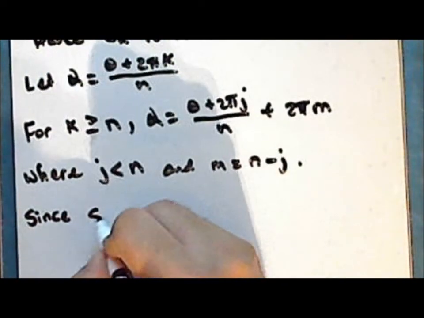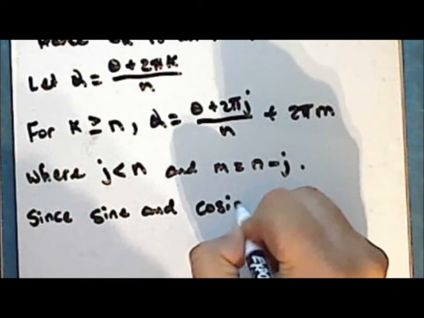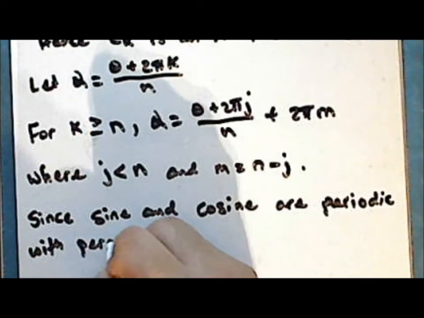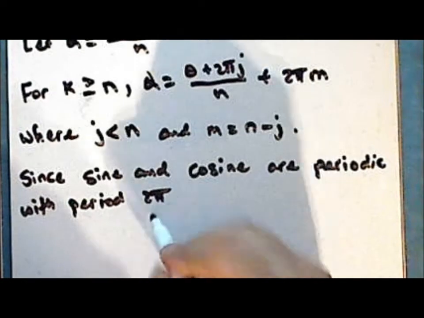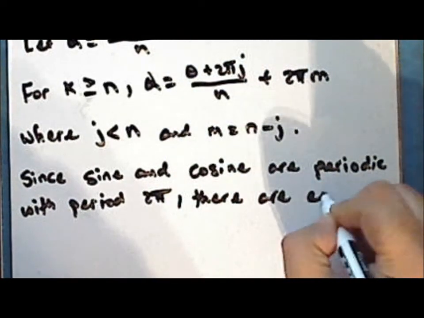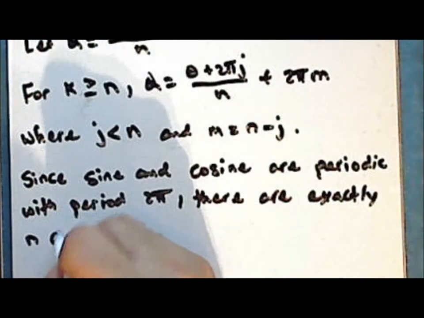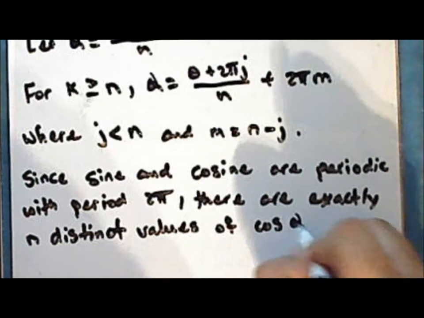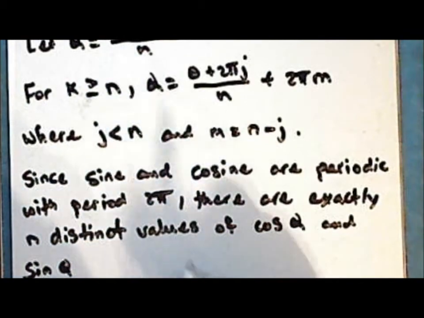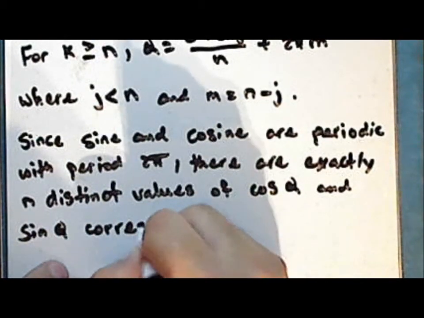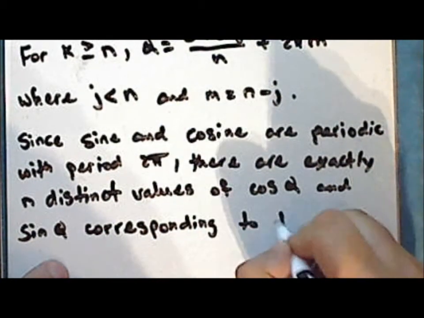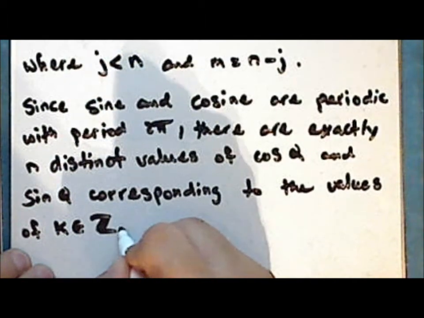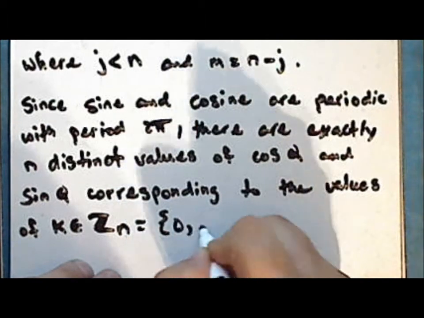And since sine and cosine are periodic with period 2 pi, there are exactly n distinct values of cosine alpha and sine alpha corresponding to the values of k being in the set of integers modulo n, which again is the set from 0 to n minus 1.